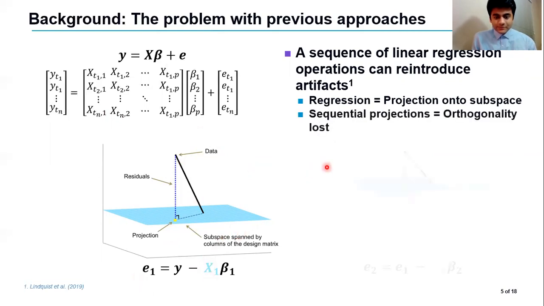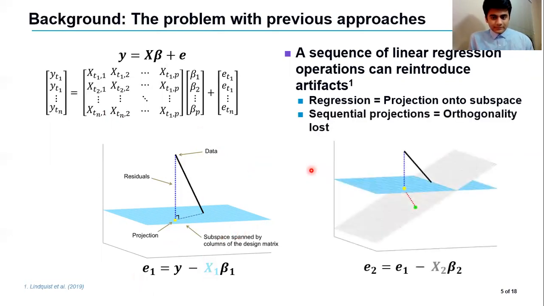If a subsequent linear regression is run on another set of nuisance regressors X2, it is highly likely that orthogonality with the previous subspace will be lost. So here we can see that the red residual is no longer orthogonal to the blue subspace. So noise is reintroduced from the X1 set of regressors.